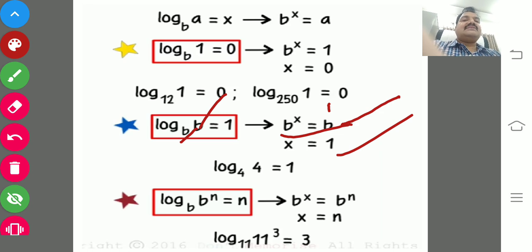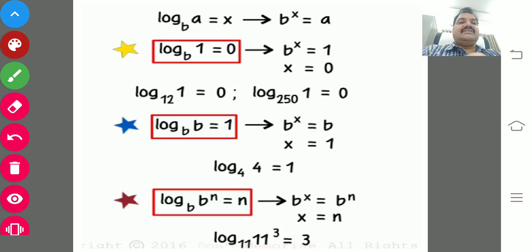So log a base a is 1, log z base z is 1, log 4 base 4 is 1, log 10 base 10 is 1, like that. And now the third is something interesting. You just see that log b power n base b equals n. So here when the argument's base and the logarithm base are equal, then the answer is the argument's power, so n.